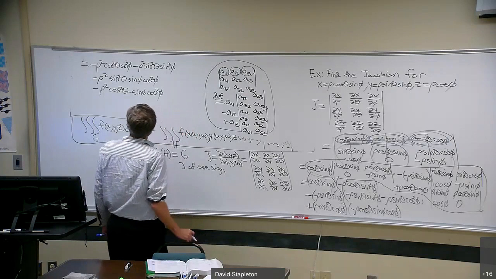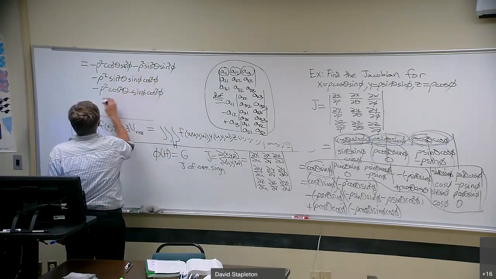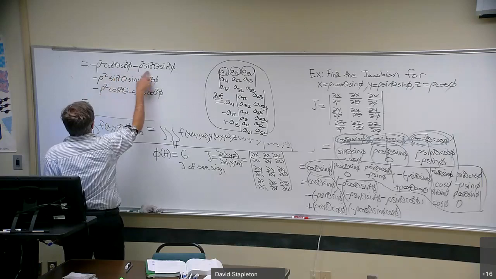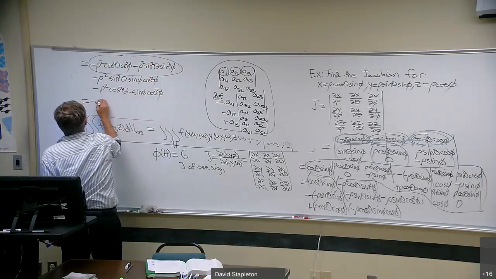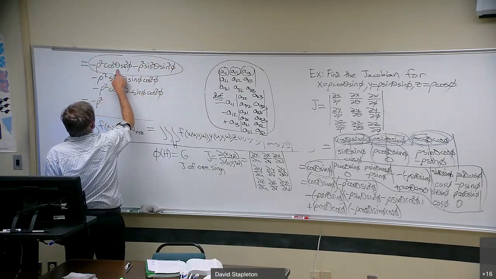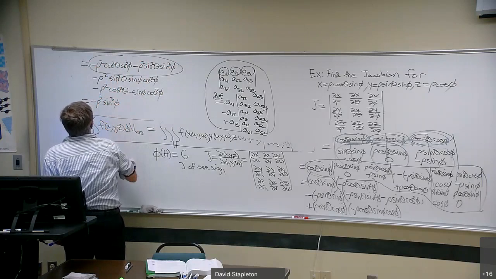Okay, and now, cosine squared plus sine squared is 1, so this first two just come out to be minus rho squared times sine cubed phi. That's this one.